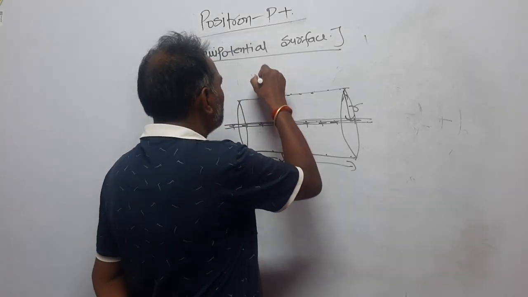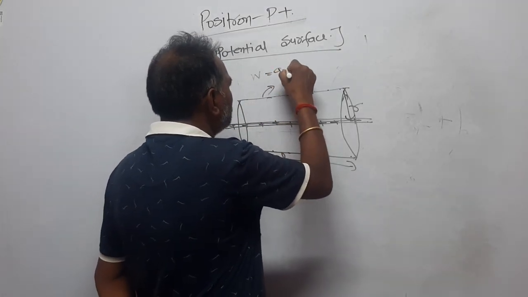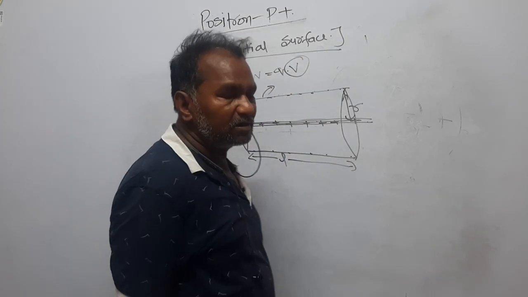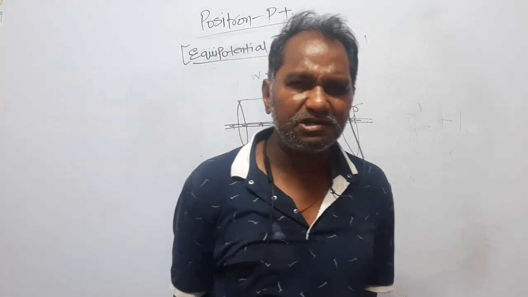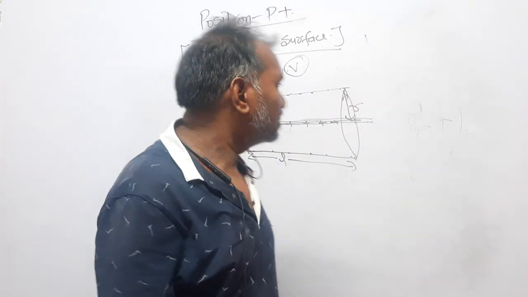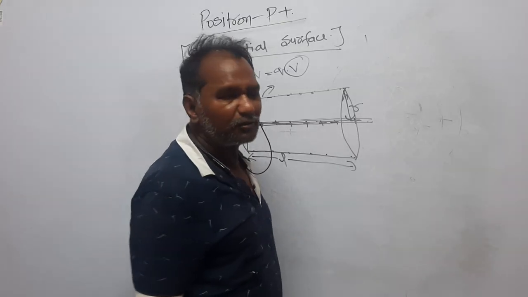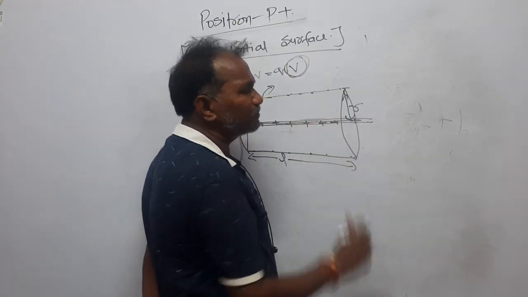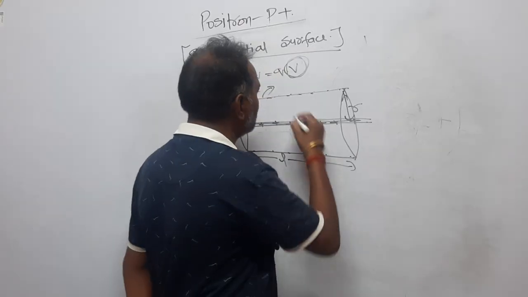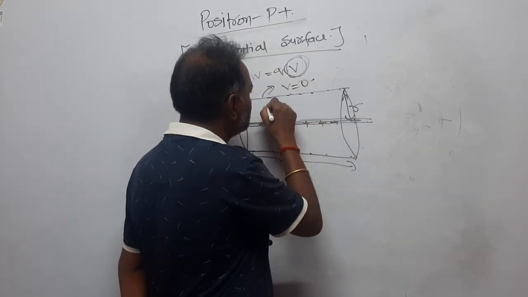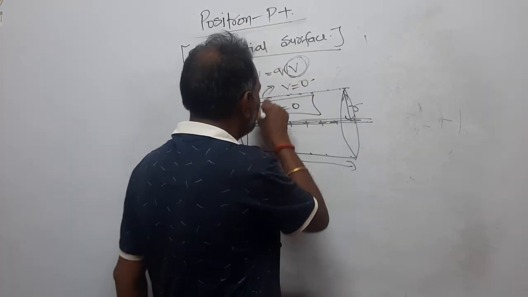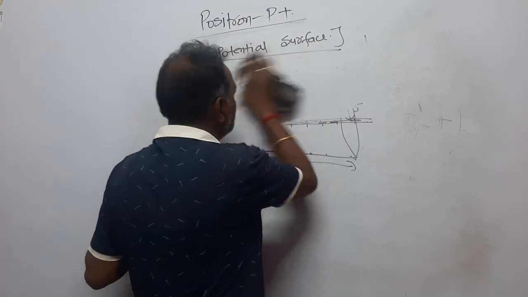Because W is equal to q into V. In the case of equipotential surface, two points have equal potential, so the V here is not the potential, it is just the potential difference. So potential difference would be 0, so work done would be 0. Dear students, let's move further.